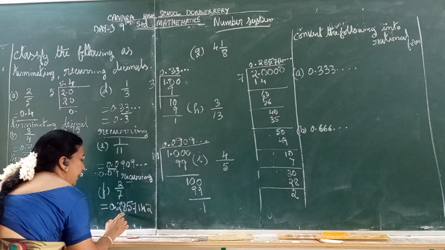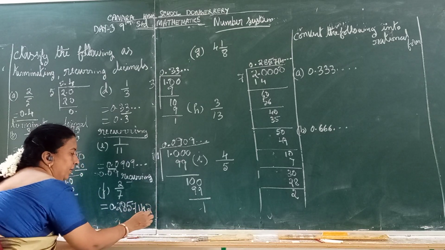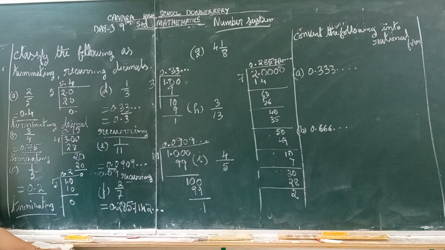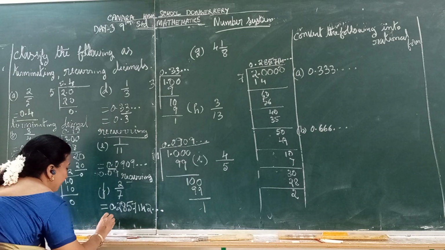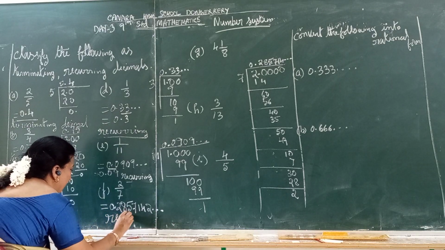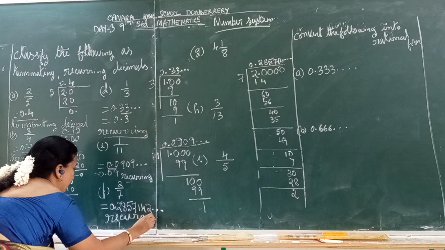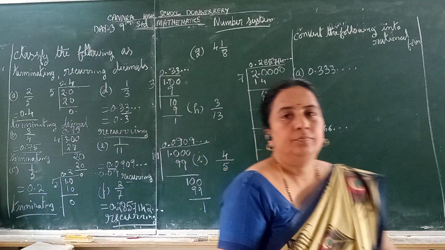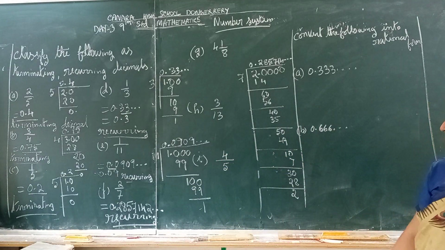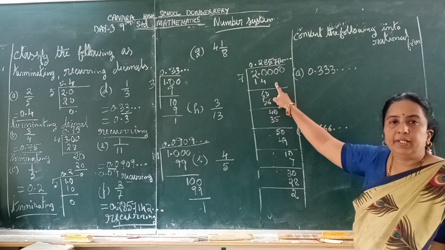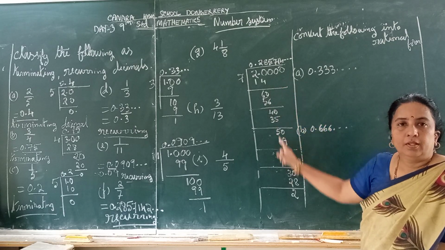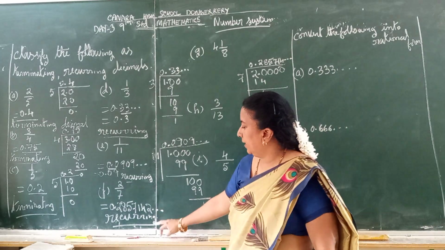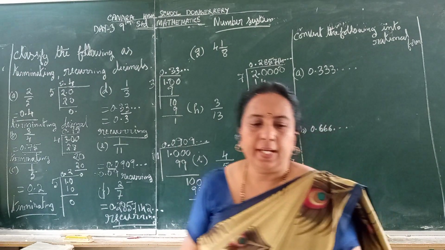Then after 7, division is done here. Copy this long division, then write the quotient, and below that write recurring.